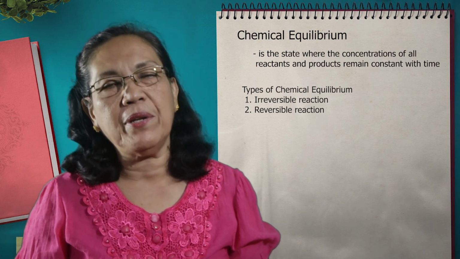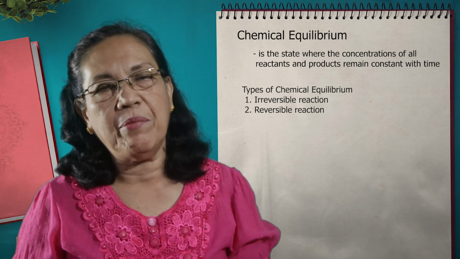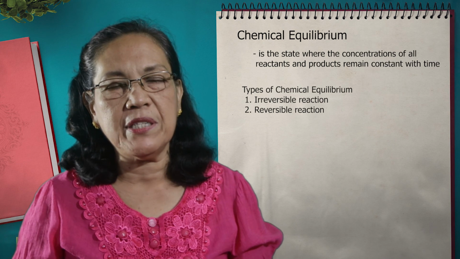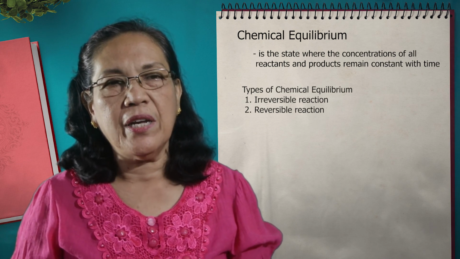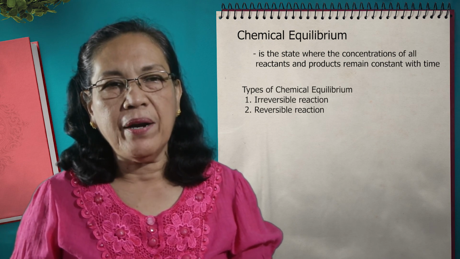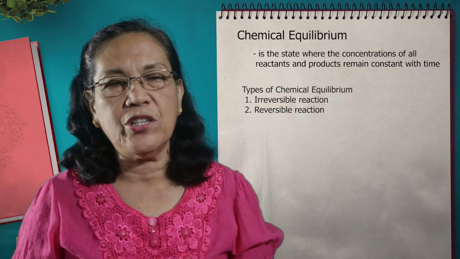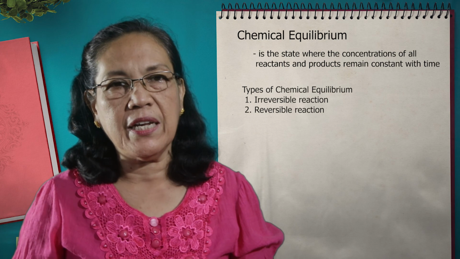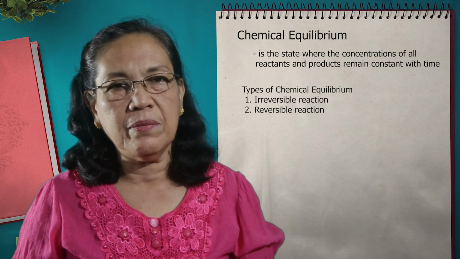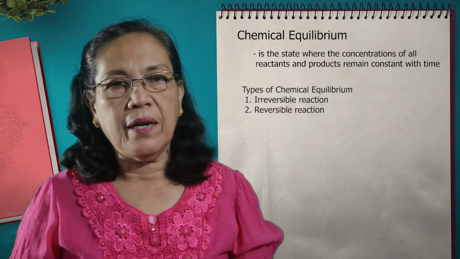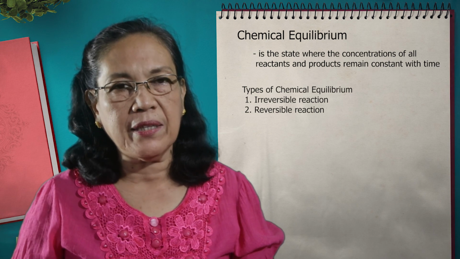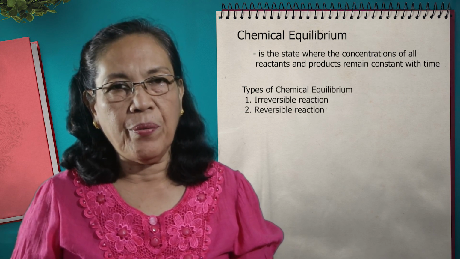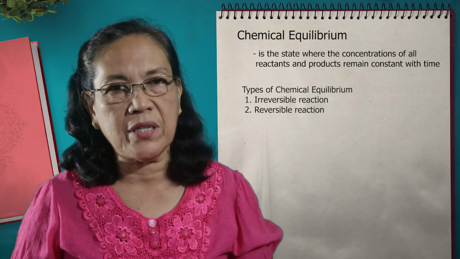What could be a good example that we have done in the laboratory? That is when we formed the precipitate in the reaction between barium chloride and sulfuric acid. So what was the product formed? It is barium sulfate. Another is when we reacted ferric chloride with sodium hydroxide.